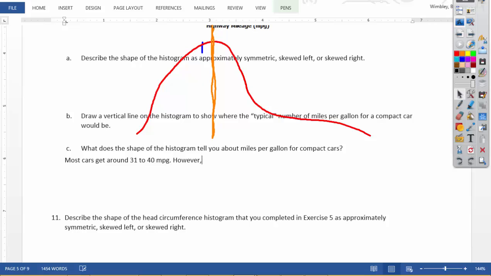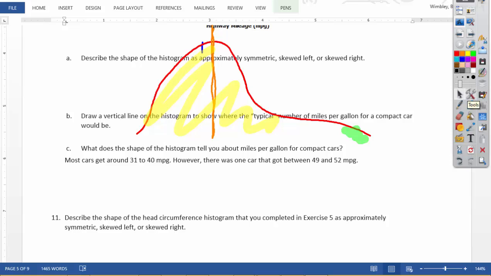However, there was one car that got between, and look at that misspelling, so I'm going to go back and correct it, 49 and 52 miles per gallon. So that's what that shape is telling me. It's telling me most of my data was in this area, but there's one car who is way out here.